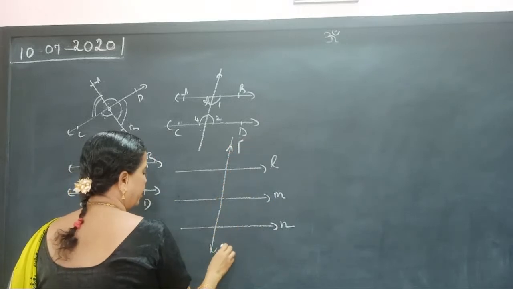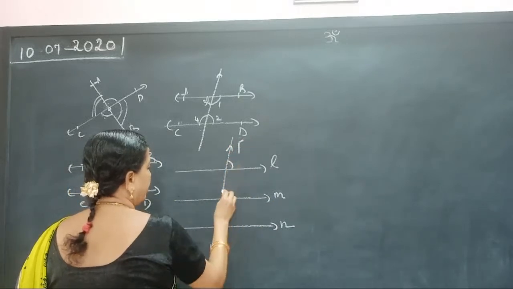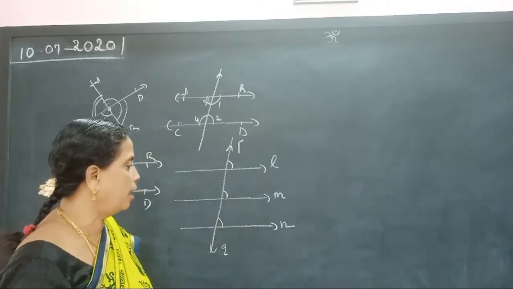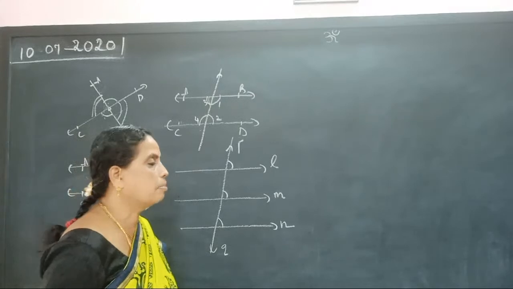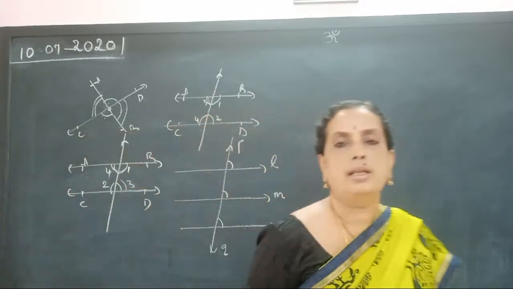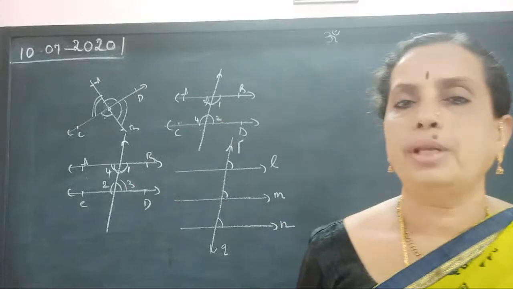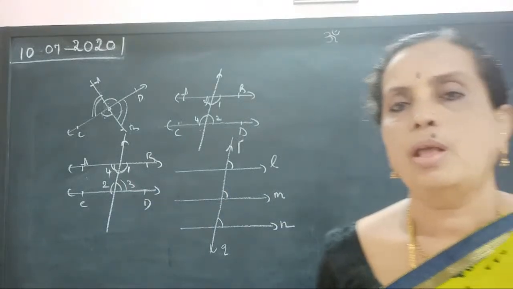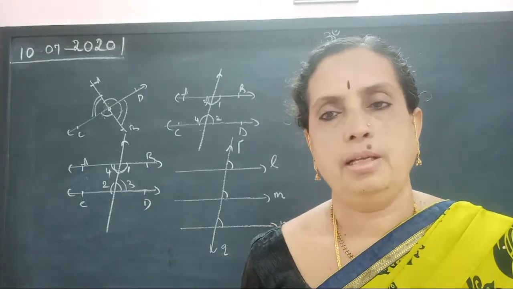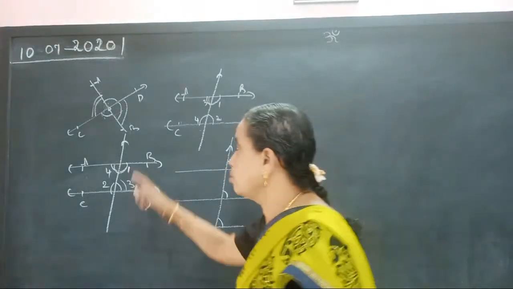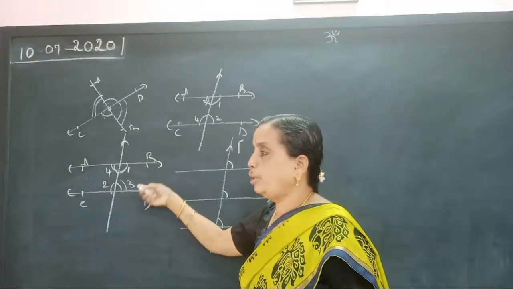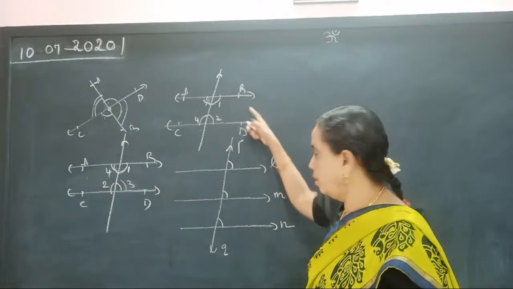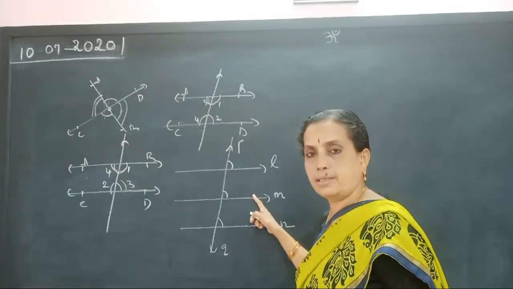If PQ is a transversal that intersects the lines in such a way that L is parallel to M, N is parallel to M, then L is parallel to N. Lines which are parallel to the same line are parallel to each other. So now this is 6.1, 6.2, 6.3, 6.4, 6.5. This is 6.6.